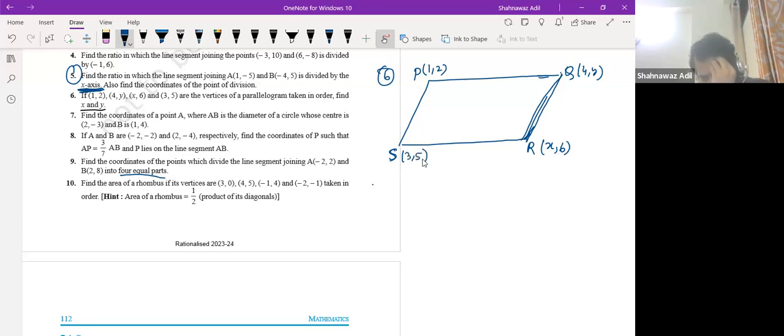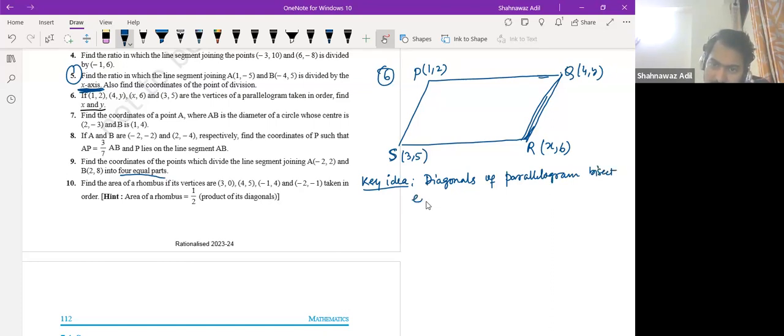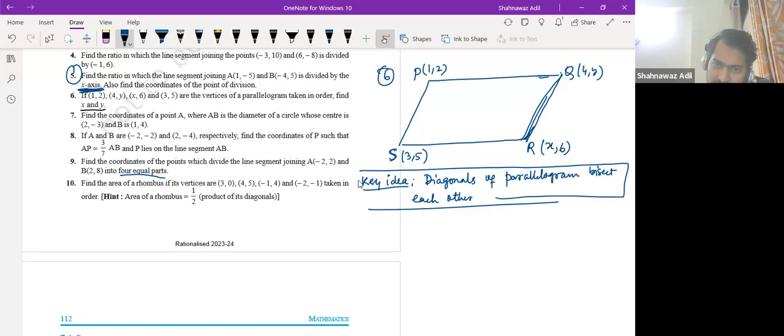To calculate this, we have to remember the property that we will use: the diagonals of a parallelogram bisect each other. So we will use this property in this problem.